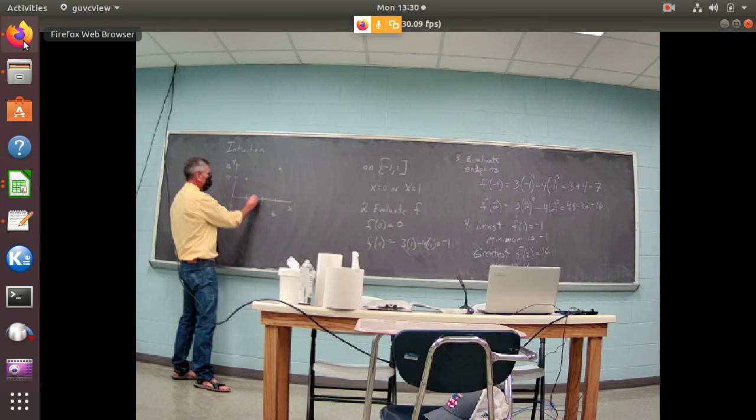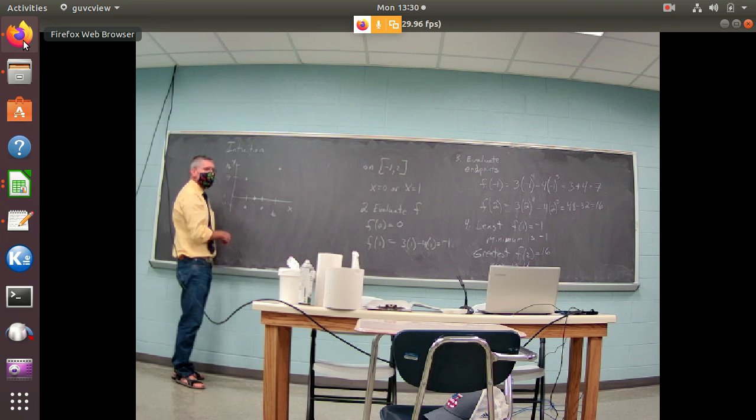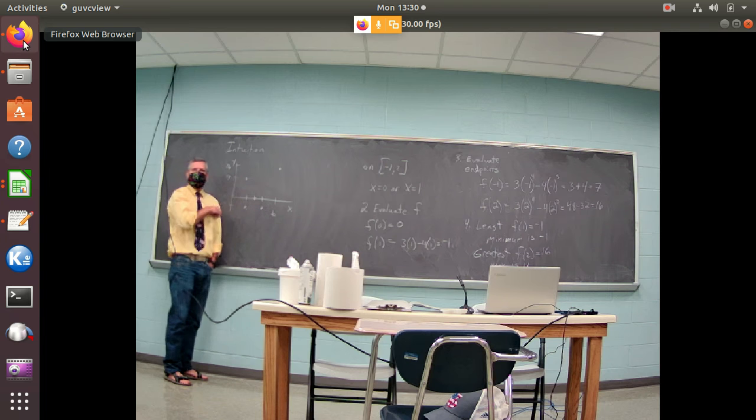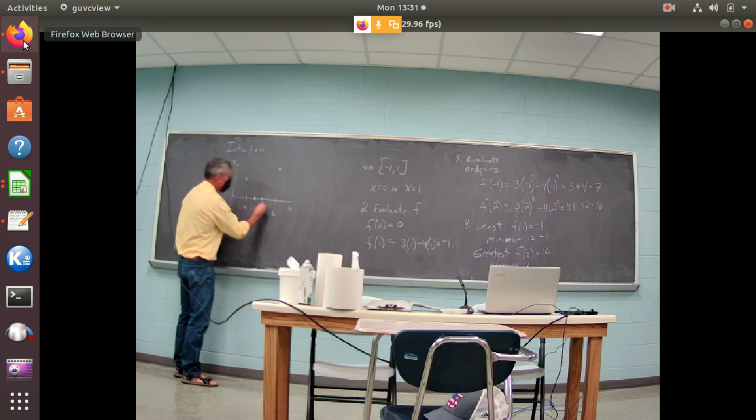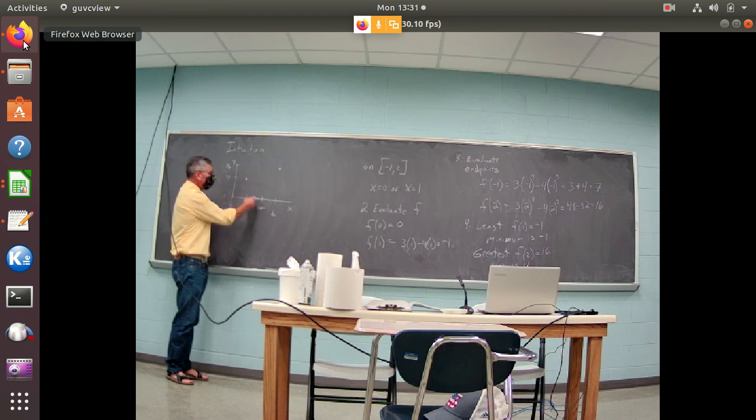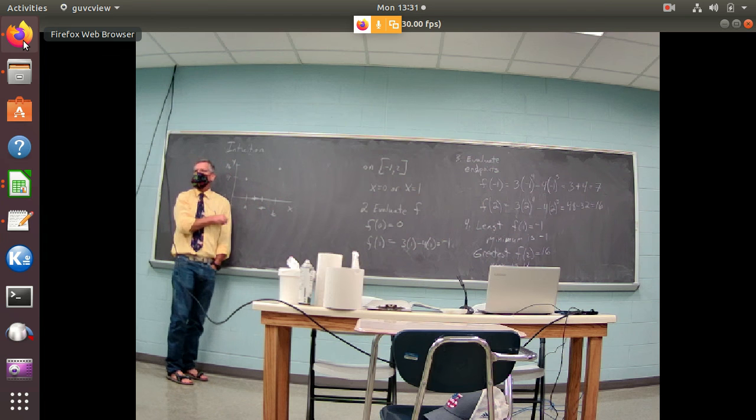So we had to hit 0 there, and we had to hit -1 here inside of this interval. So now, connect the dots with a continuous function. But you have to make sure the tangent line is horizontal at those two spots.